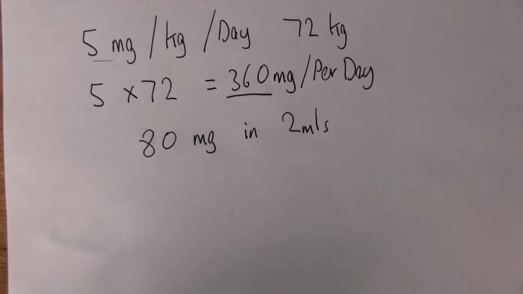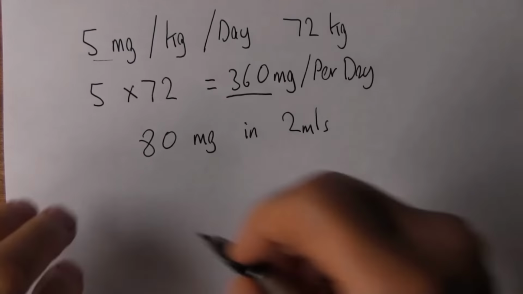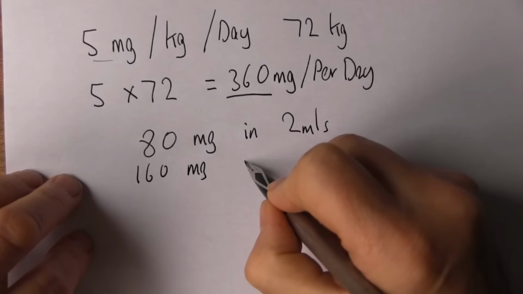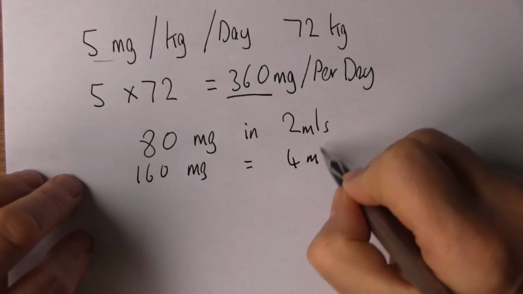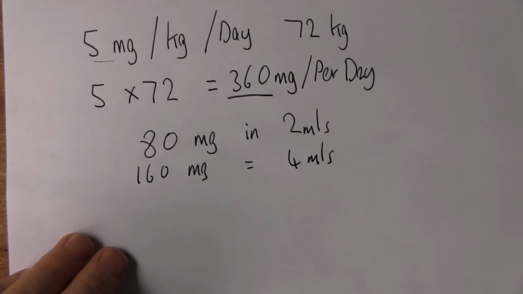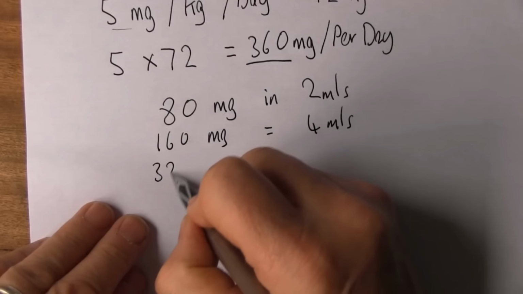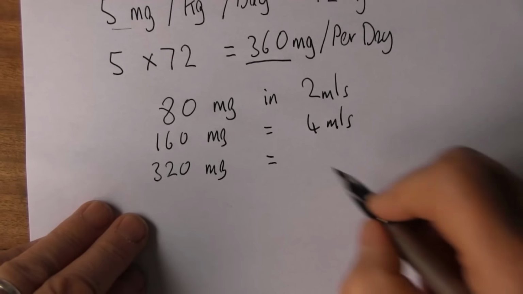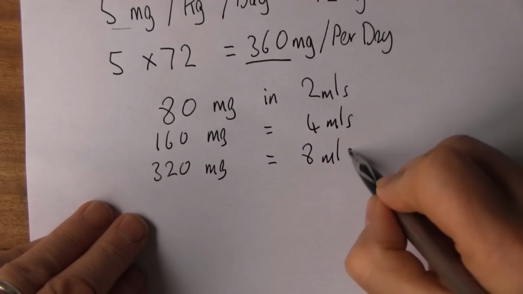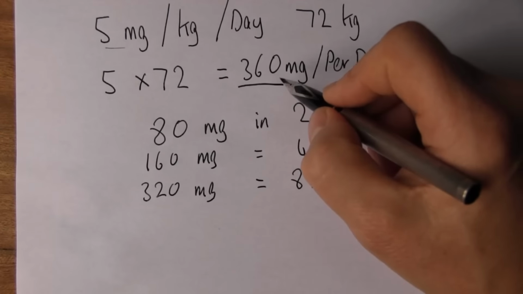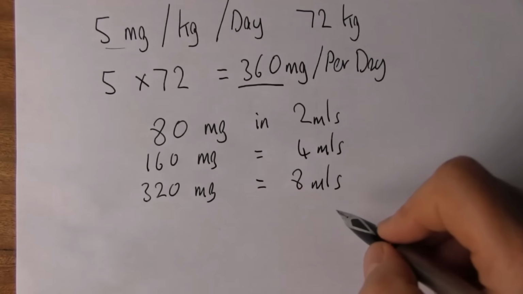So 80 times 2 is going to be 160 milligrams, which is going to equal 4 mils. 160 and 160 are 320, so 320 milligrams is going to equal 8 mils. Now I want 360, so I can't double that again.